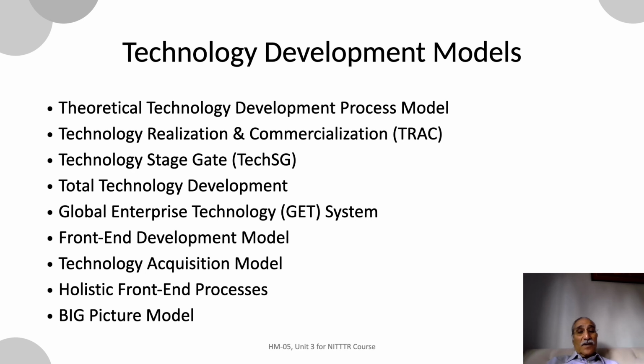Then how do you acquire the camera technology, the integrated circuit technology, how do you integrate the fabrication technology, what kind of screen it has, and so on and so forth. So these technology acquisitions are multidimensional and complex, and how then to integrate them is another matter. So the holistic front-end model tries to convert all these things.